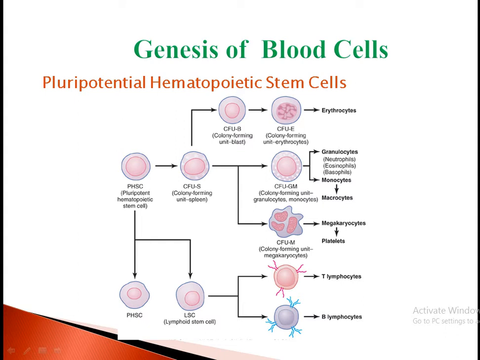So you can see this is the main pluripotent hematopoietic stem cell. From this cell, all the other types of cells are generated. But you must remember that some of the original cells remain there to produce further different types of blood cells.